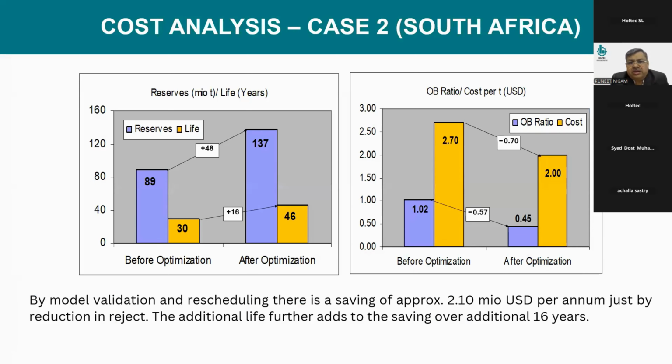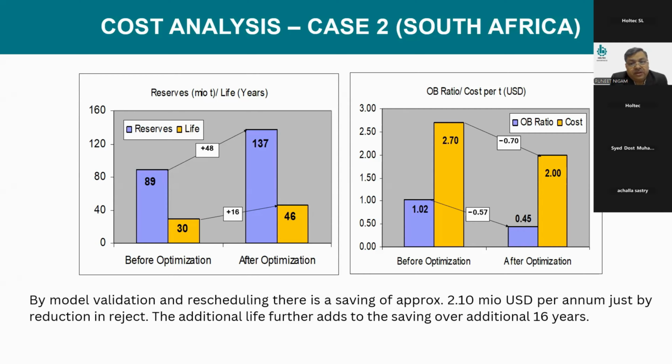One more thing has been done in South Africa. One case is a South African case. By model updates, before optimization the reserves were 89 million tons and the life was 30 years. With optimization, and the best suitable raw mix in consultation with the plant, it has become 2.37. This has not only helped the plant setup, but also gives them consistent quality with minimum deviation.